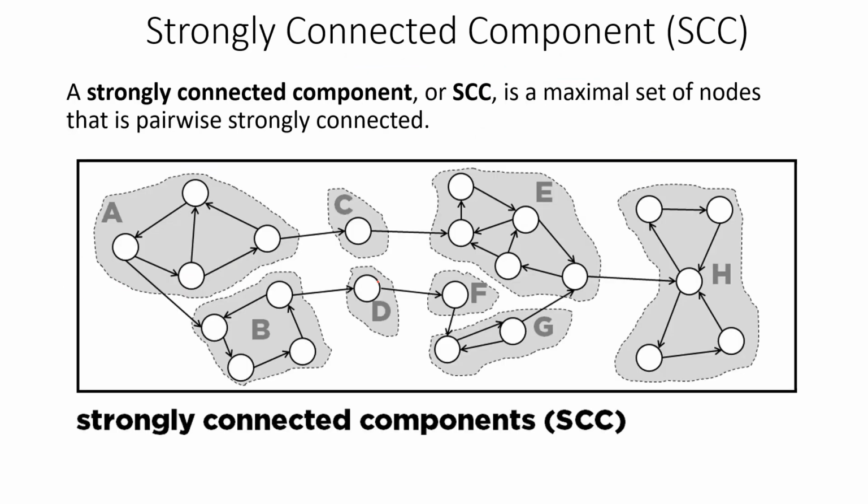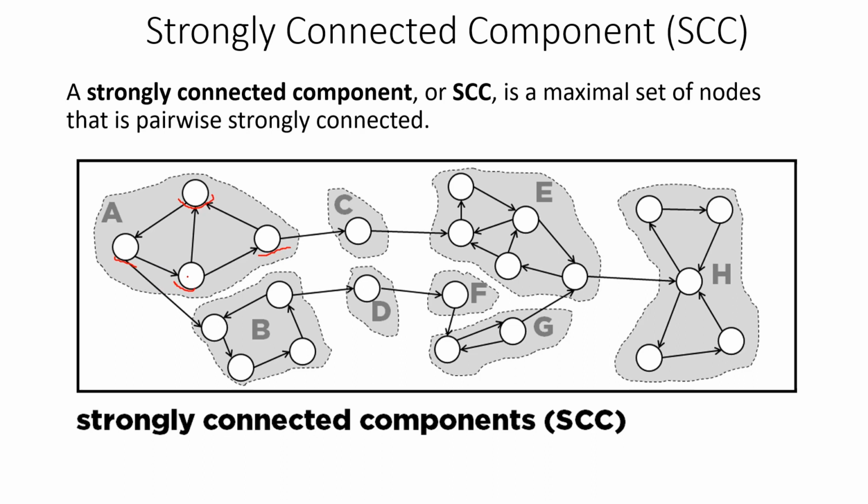So here is the graph, and the gray colored areas are the strongly connected components. It means that every vertex has a path to every other vertex in the component. So, for example, in A, from this vertex you can reach this vertex, and this vertex, and this vertex, and vice versa.